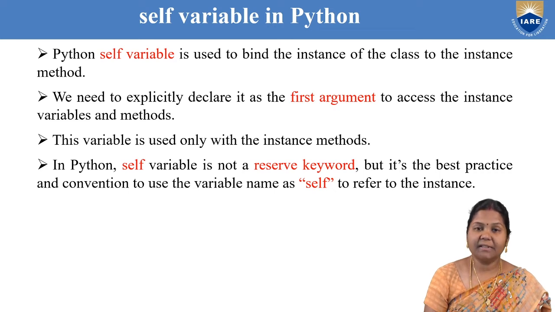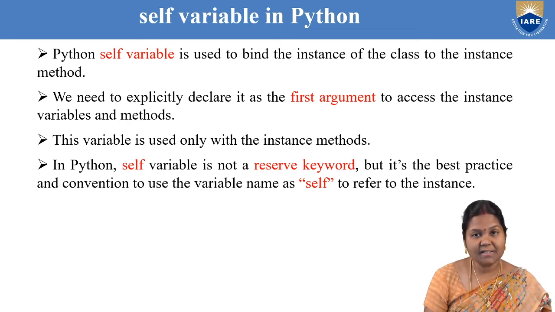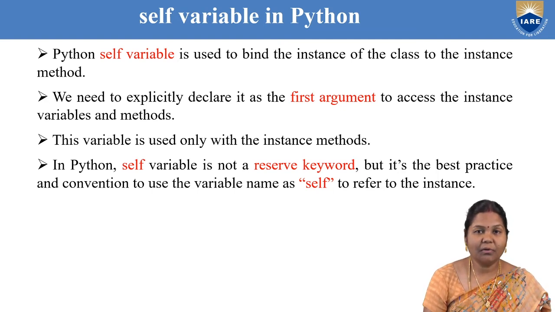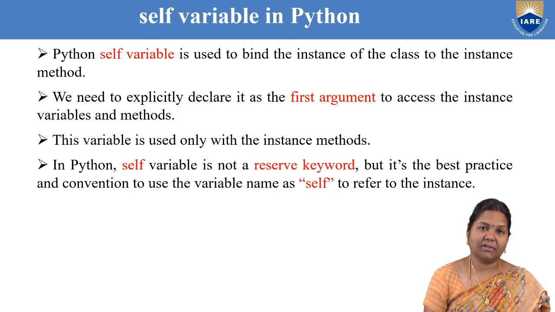So self is declared as the first argument to access the instance variables and methods. This variable is used only with instance methods. In Python, self is not a reserved word, but it is a best practice and convention to use the variable name self to refer to the instances, and it is always used as the first argument.